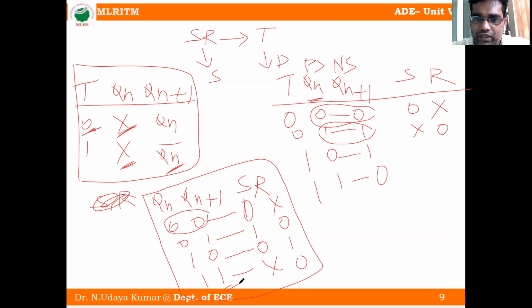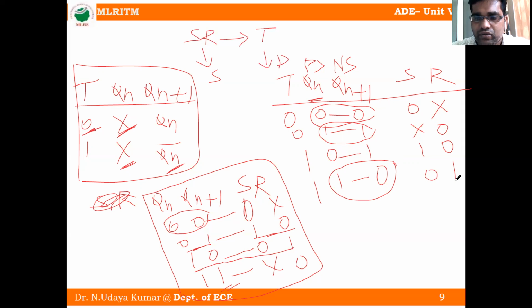Then 0, 1 means 1, 0 here. So for 0, 1 we will get 1, 0. Next 1, 1 to 1, 0. 1, 0 means we are getting S as 0, 1.